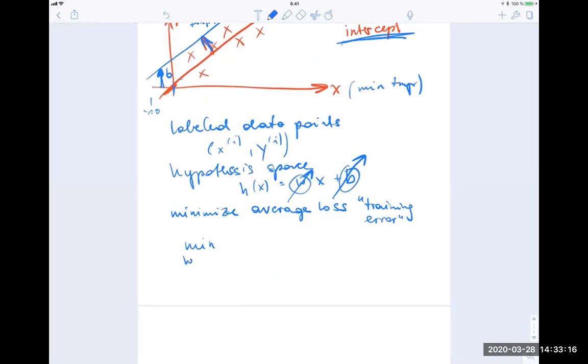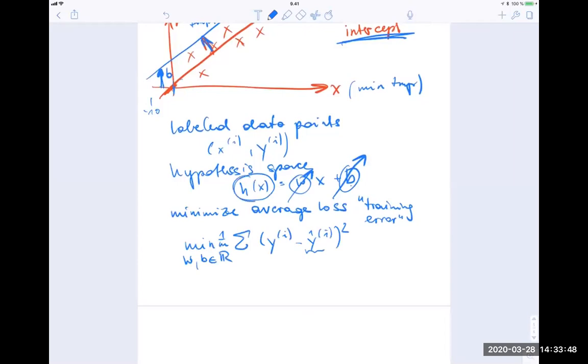We want to minimize the training error over all choices of parameters W and B, which are the parameters of the predictor map. So we want to minimize this average loss, and let's say we use the squared error loss, which is true label value minus the predicted label to the power of 2.